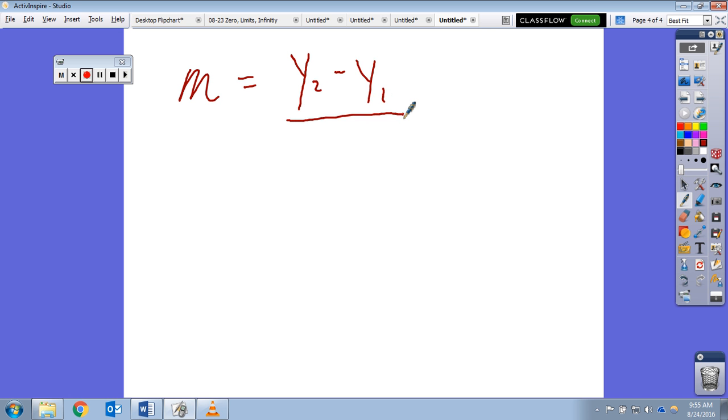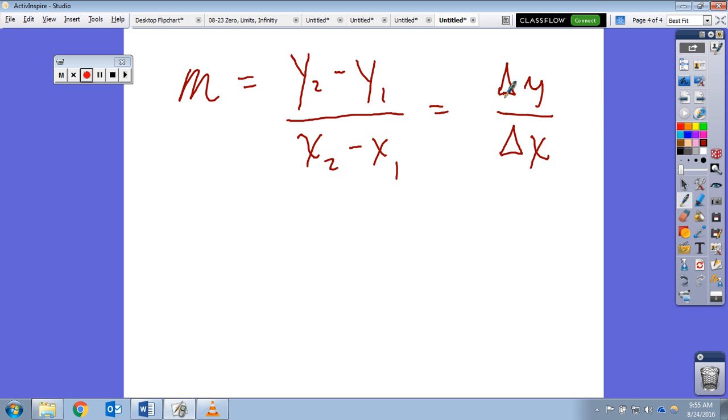Which makes sense because rise over run, change in y would be strictly vertical. You'll see it sometimes written like this, and in the textbook, delta, this triangle, means change. Change in y over change in x.